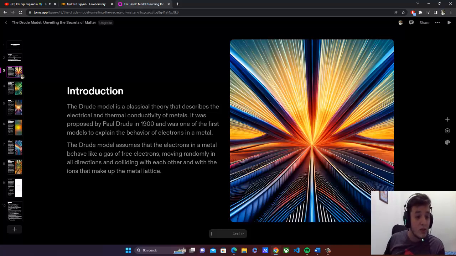The Drude model assumes that electrons in a metal can be considered as negatively charged particles moving freely. These free electrons interact with each other and with the metallic ions present in the material.